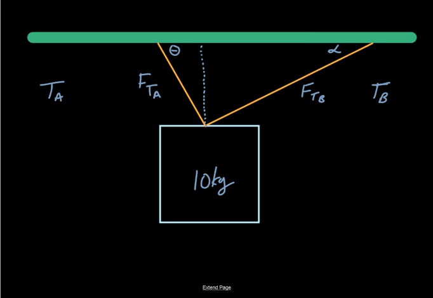So now let's start thinking about the components here, right? You've got weight, which is down here, and it's 98. We've already got that sorted. I'm going to leave the F's off of here just because it's a pain to write all that stuff. So tension B, this is going to be the X component of tension B. We'll call this TBX. We get TBX by taking TB, and we have the adjacent angle, so it's going to be TB cos alpha.